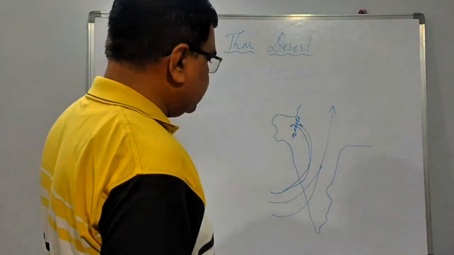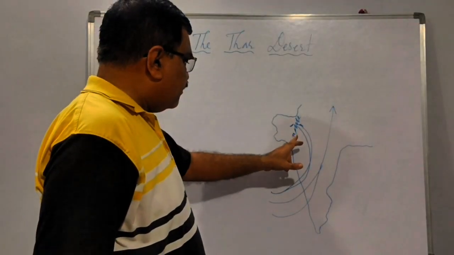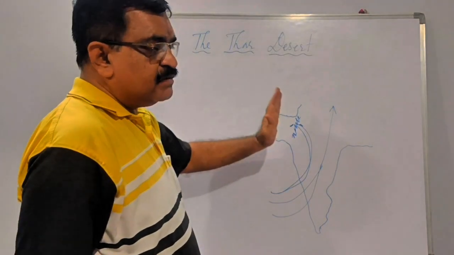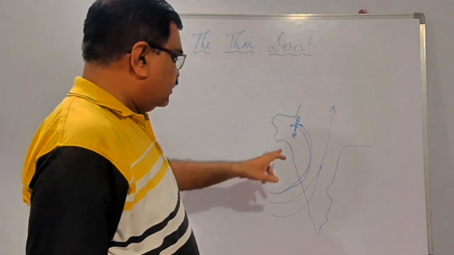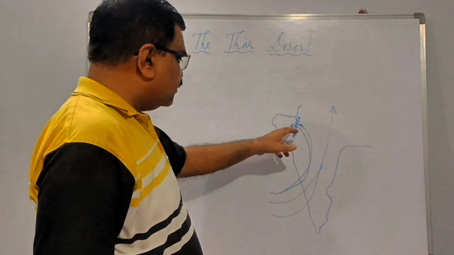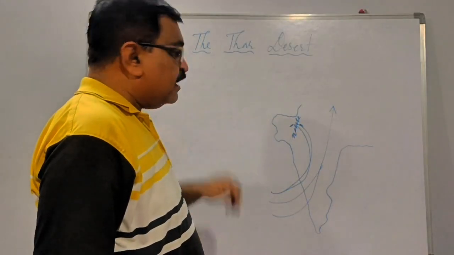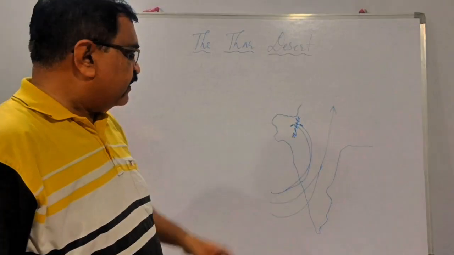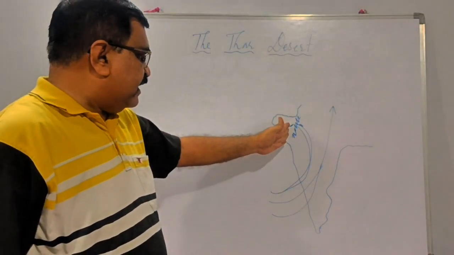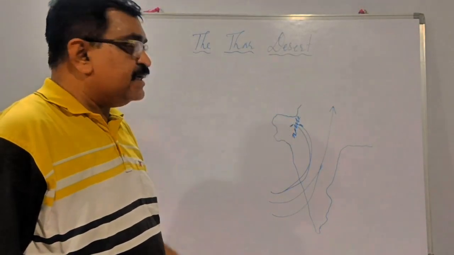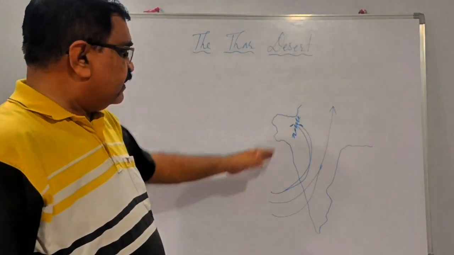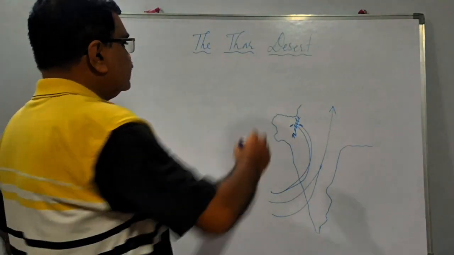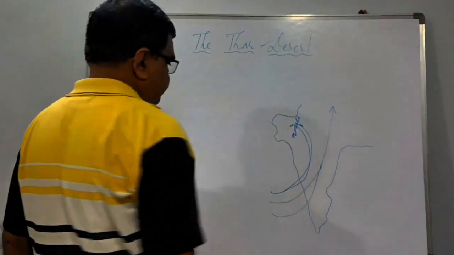the desert region. The height of the Aravalli mountains means it will not allow the moisture laden winds of monsoon to enter western Rajasthan, and that is the only reason that by being on the leeward side of the Aravalli mountain, the western part of Rajasthan is known as the desert region.